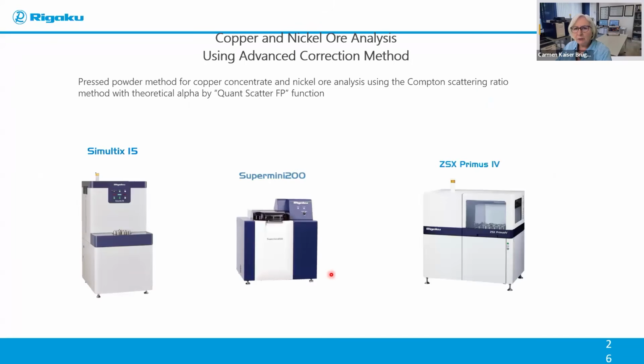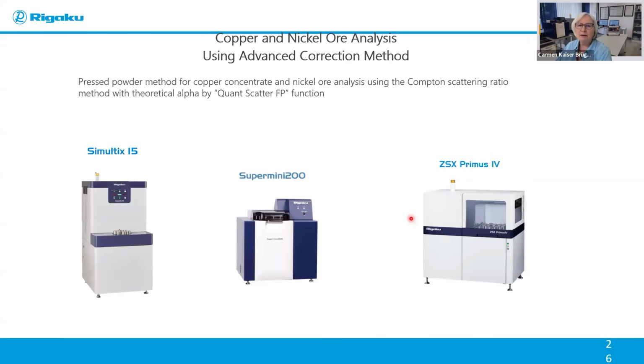So in the next few slides, I will show you some examples of a copper ore and a nickel ore, where we use these different spectrometers, which I briefly explained to you. So simultaneous type, benchtop type, and then a floor standing instrument, where I would like to show you different ways to do a correction.